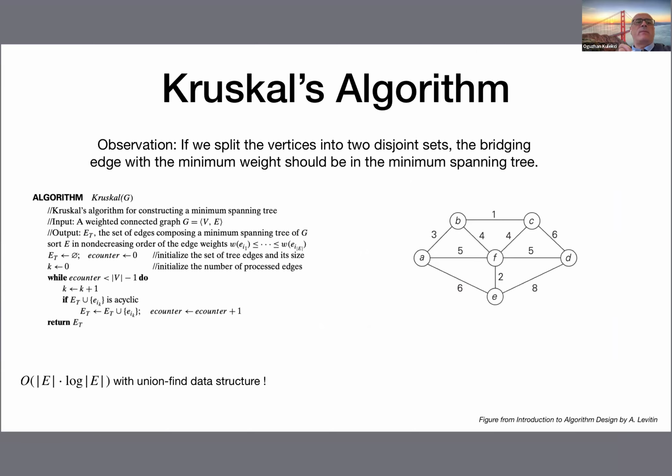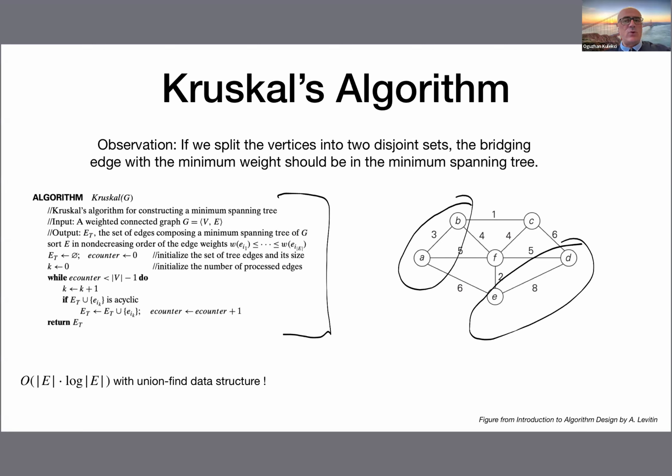But although the pseudocode seems simpler when compared to Prim's algorithm, running Kruskal's algorithm requires more sophisticated data structures. You know why? Because whenever you combine these two sets, you make a union.